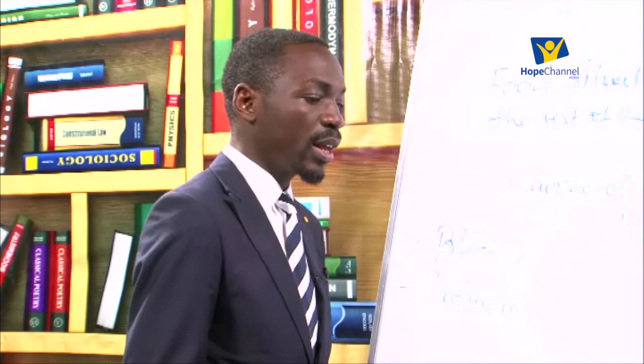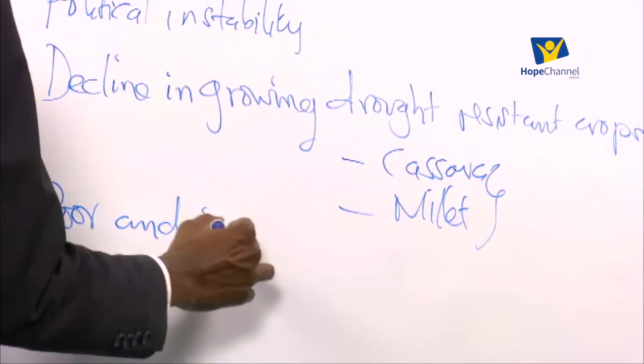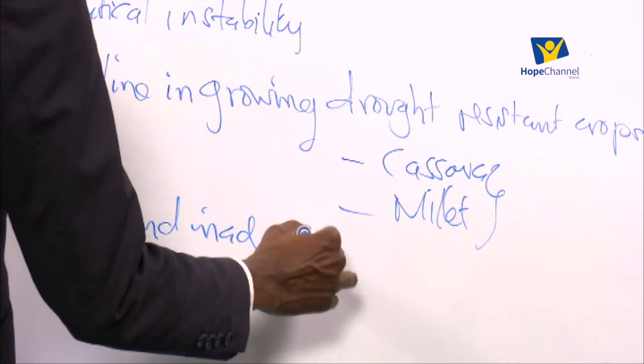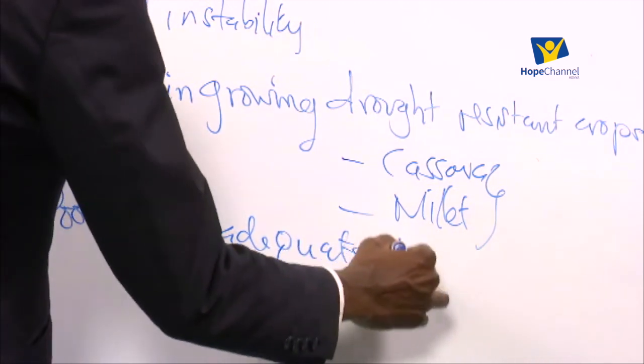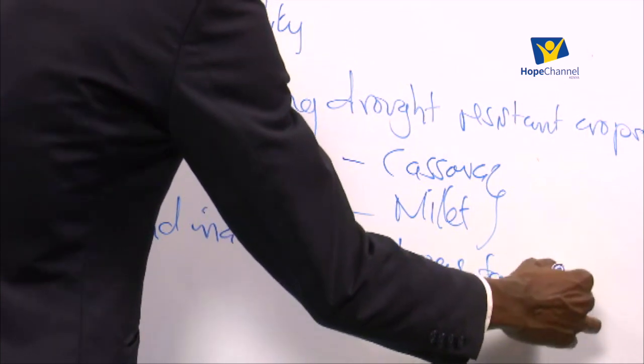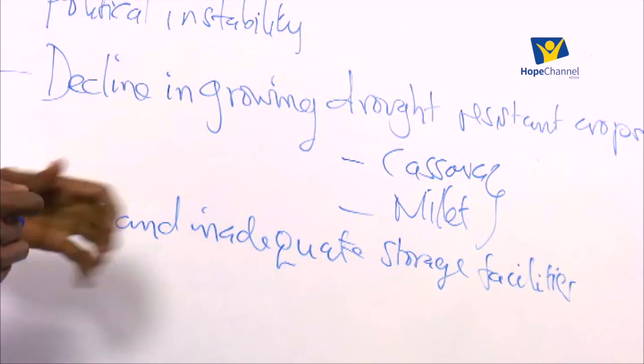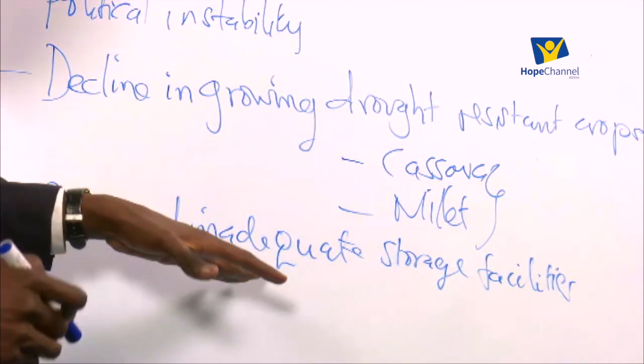And then the next one, we have poor and inadequate storage facilities. So in this case, what we refer to is that the storage facilities that have been constructed or invested in by the government are not enough. That means they are inadequate.